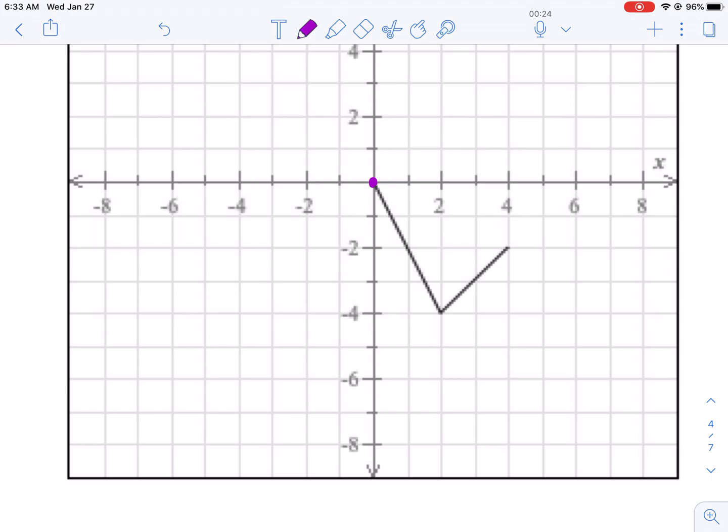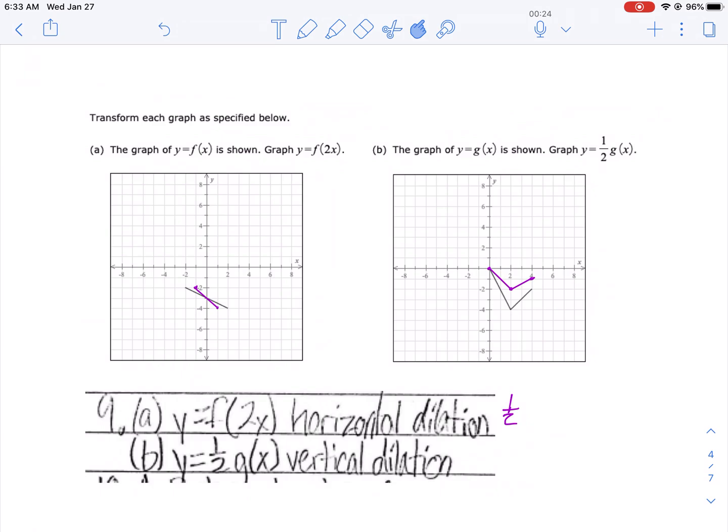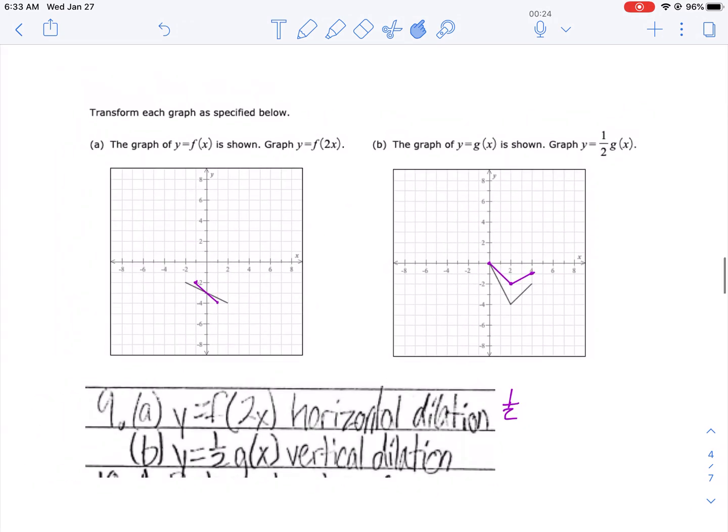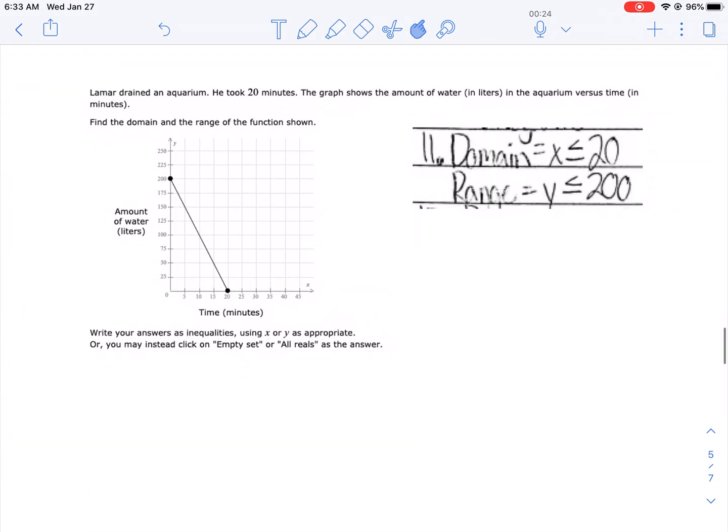So it should be at 2 and negative 2. And then my third point, my y coordinate is negative 2. What's half of negative 2? Well, that's negative 1. So then your graph should look like so. That's what the vertical and horizontal dilations actually do. You knew they were horizontal and vertical, you just misapplied what they were.